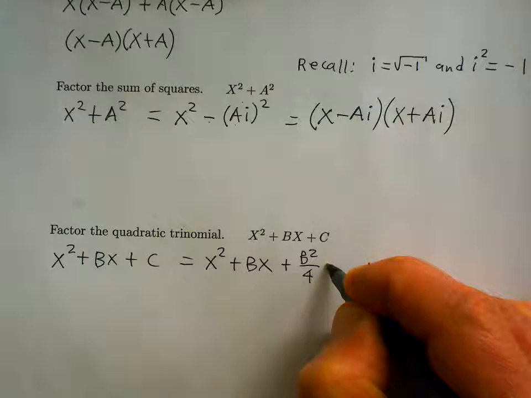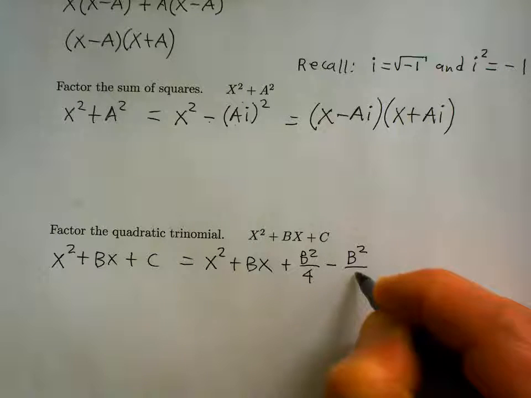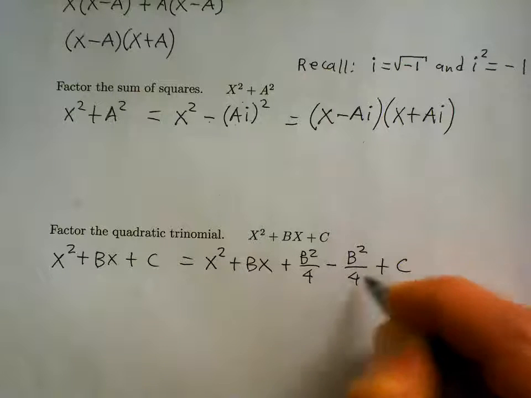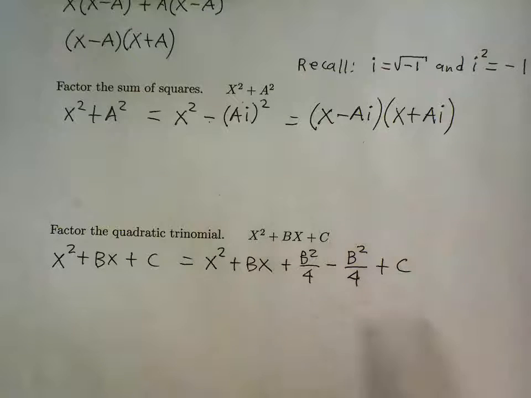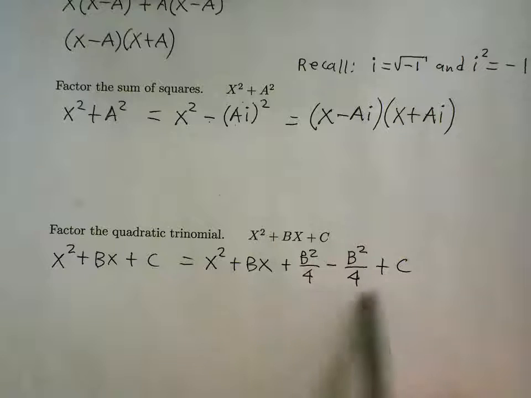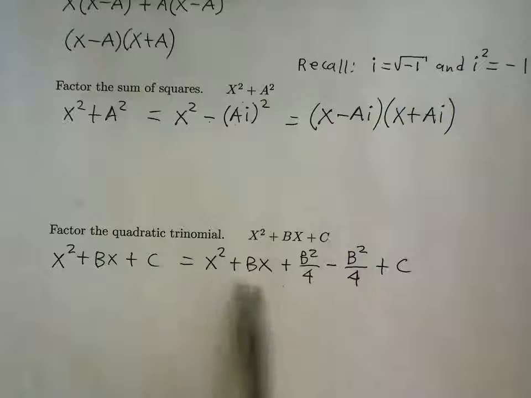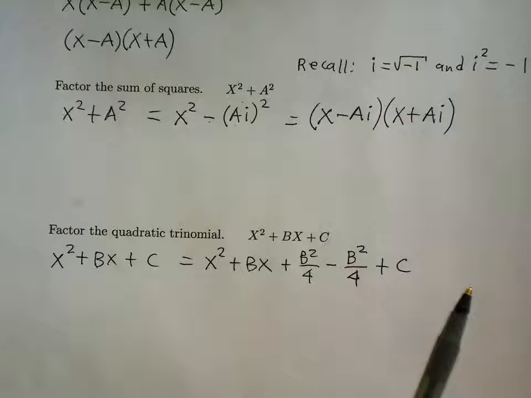And then we subtract the same quantity, b to the second over 4, and then we have the plus c. So this is what is referred to again as adding 0. We can add 0 to something without changing the quantity. We're changing the form, but we're not changing what the quantity represents.